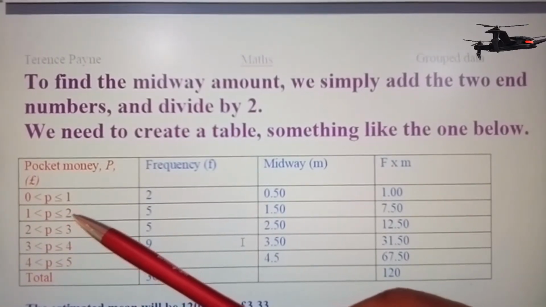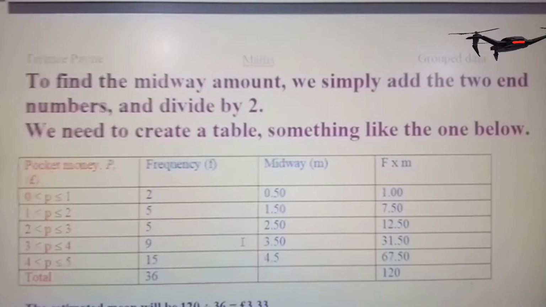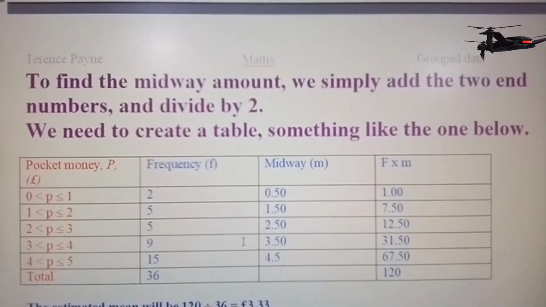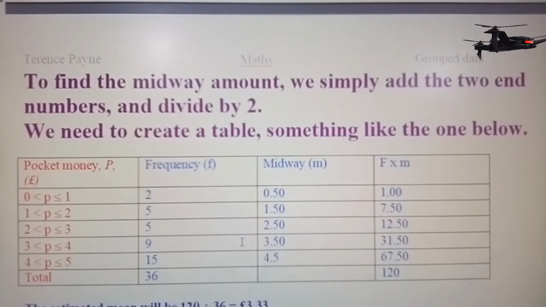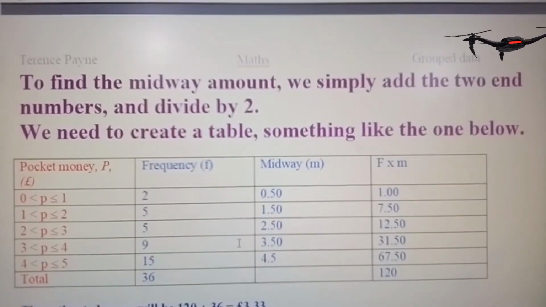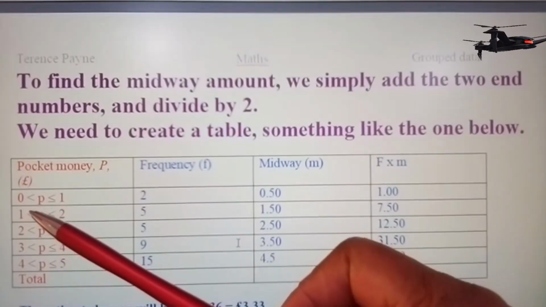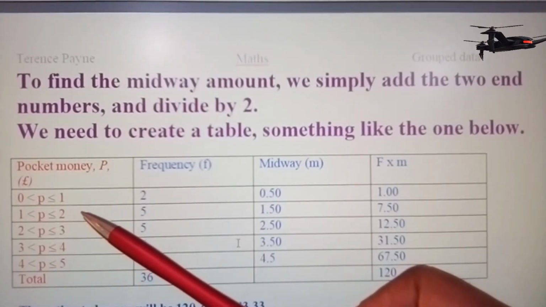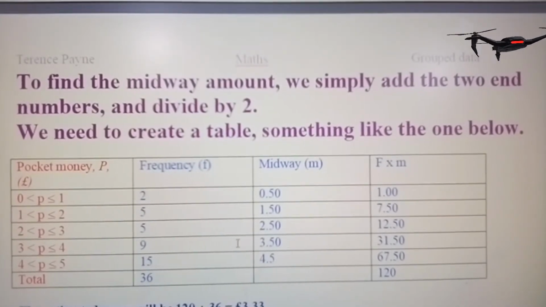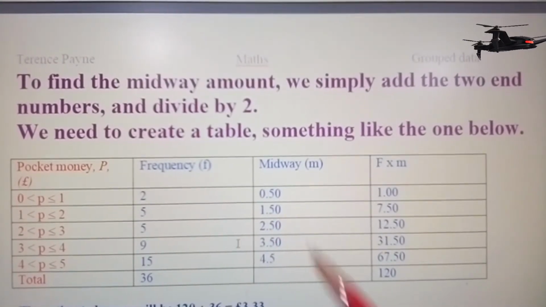Divide 3 by 2 and you find that this equals 1.5. Okay. So 2 add 1 is 3, divide the 3 by 2 and it will give you 1.5.